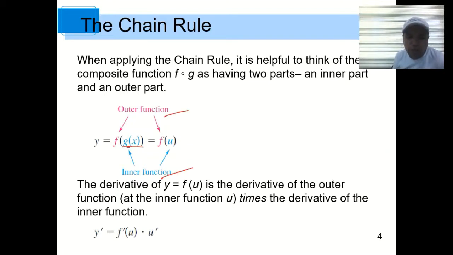The inner function is g of x, and the outer function is f of g of x. When we take the derivative, we use the formula f prime of u, the derivative of the outer function at the inner function, times the derivative of the inner function, or g prime.